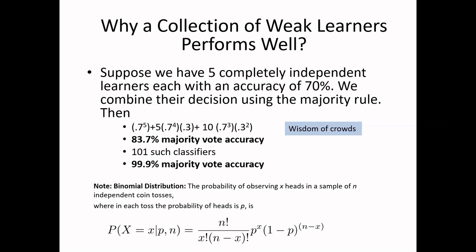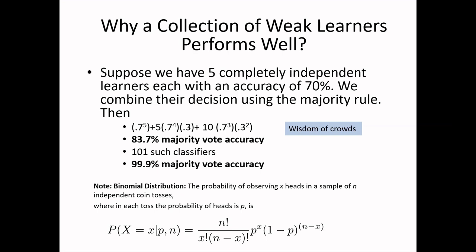So you find that if you take 5 learners, each one of them 70% accurate, and put them together, the result is going to be an 83.7% majority vote. That means the accuracy you will get with these 5 learners is 83.7%, which is considerably higher than the 70%.